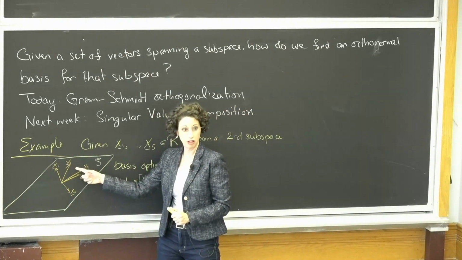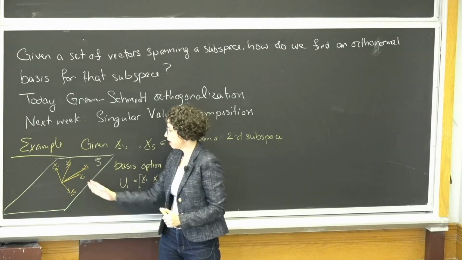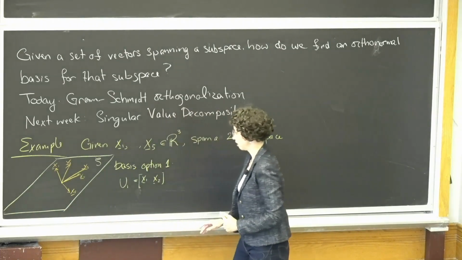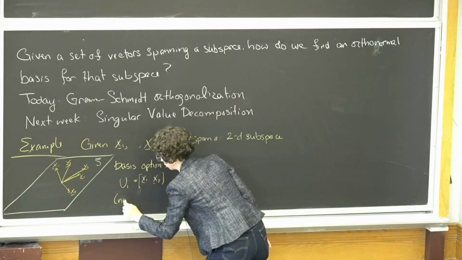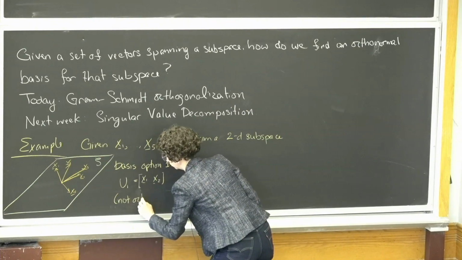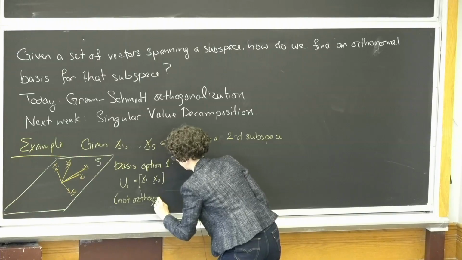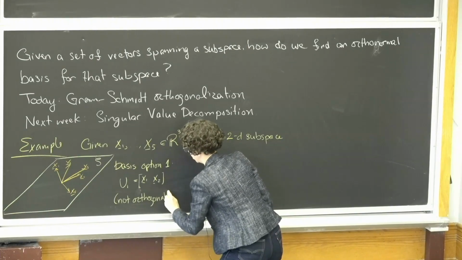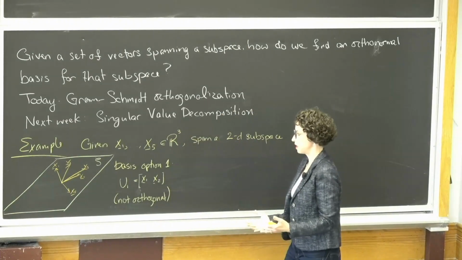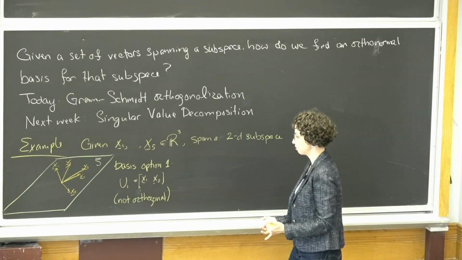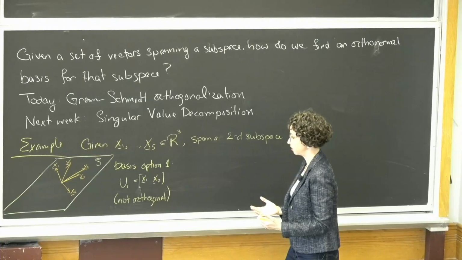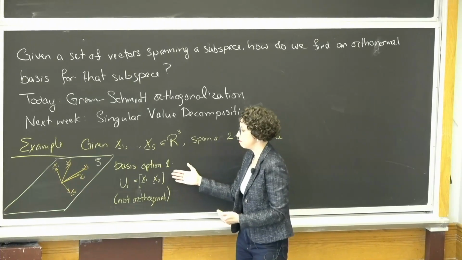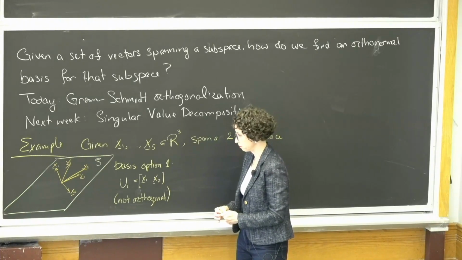They are not linearly dependent on one another, and together they span this subspace. So this is not orthogonal or orthonormal. So this might not be the most desirable basis, and our focus today is finding orthogonal or orthonormal bases, but this is a valid basis for this subspace.